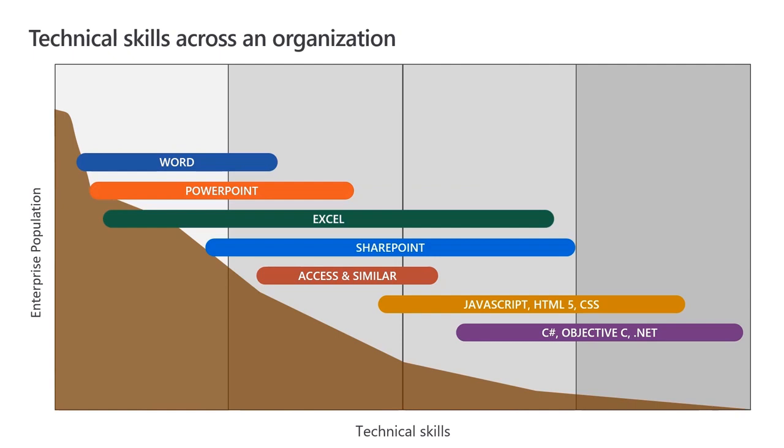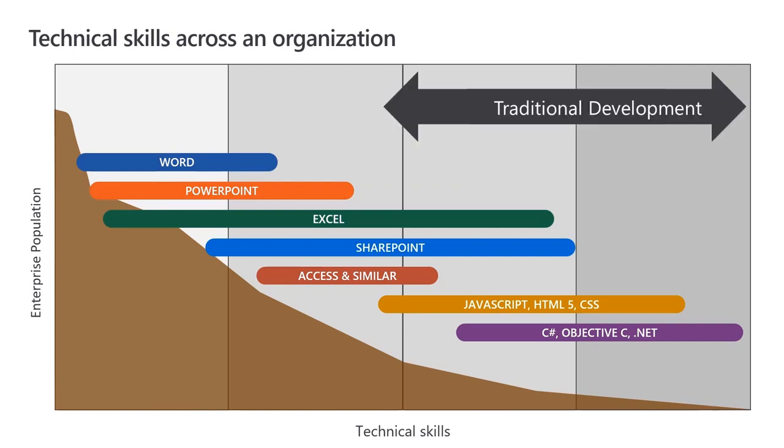On the right-hand side, you have JavaScript, HTML, CSS, C#, all the languages and technologies that you traditionally use to build applications. Now, when you think about an organization, most organizations have a very small amount of those that can do the traditional development, meaning that it's not spread across the whole organization, and that oftentimes where users have the best ideas come closer to the business user, and we'll talk about that in a minute.